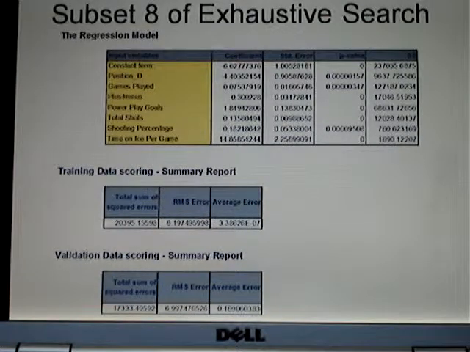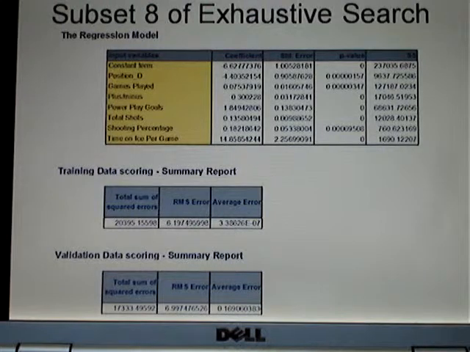And the average error in the training data scoring is 0.000003, which is quite close to 0. And the validation data scoring, the average error is 0.17. Overall, still under 1. So it is still a very good model when you look at the validation.